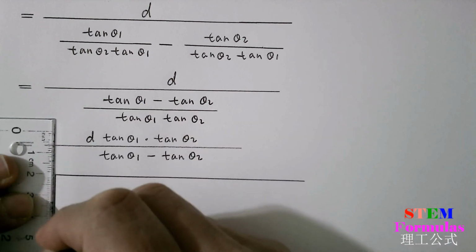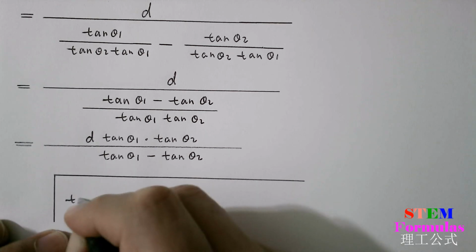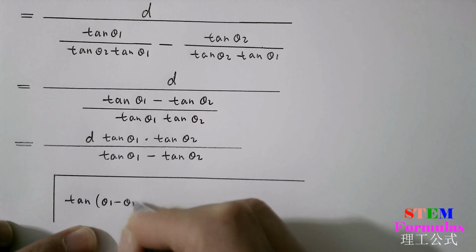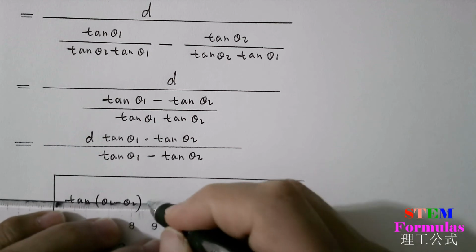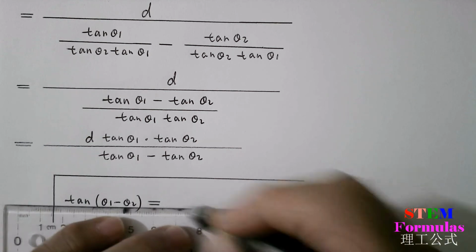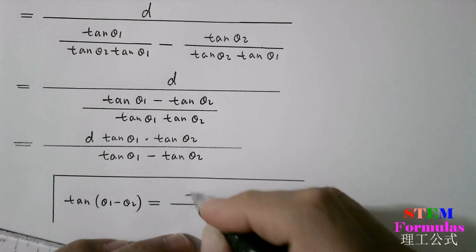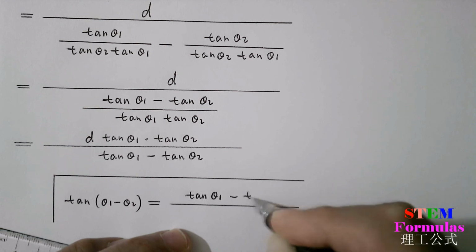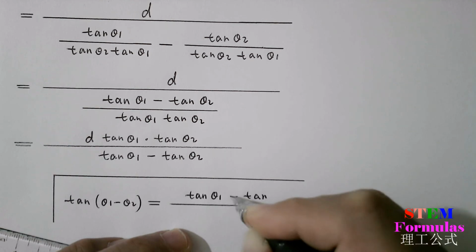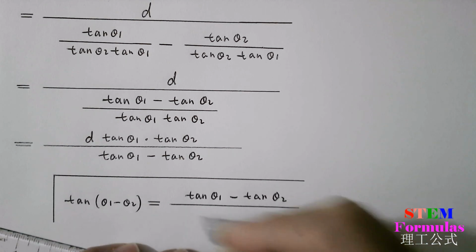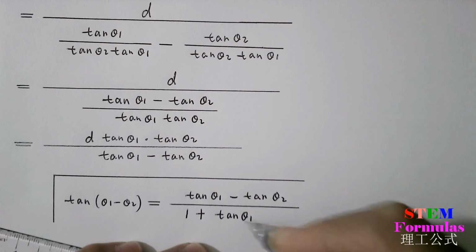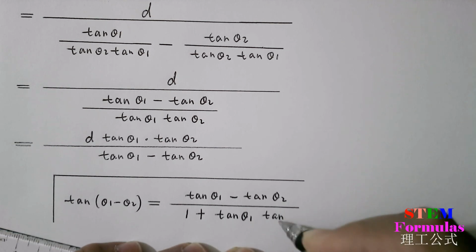I write down the identity: tangent of (theta 1 minus theta 2) equals (tangent theta 1 minus tangent theta 2) divided by (1 plus tangent theta 1 times tangent theta 2).